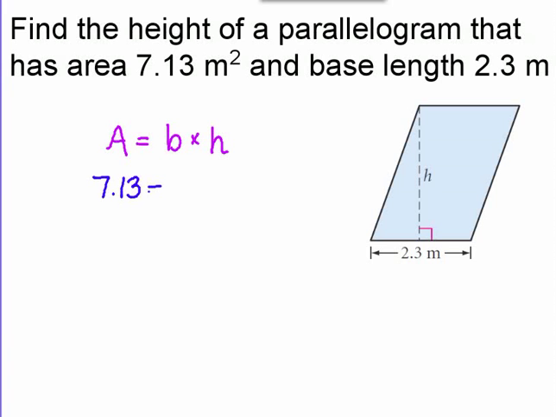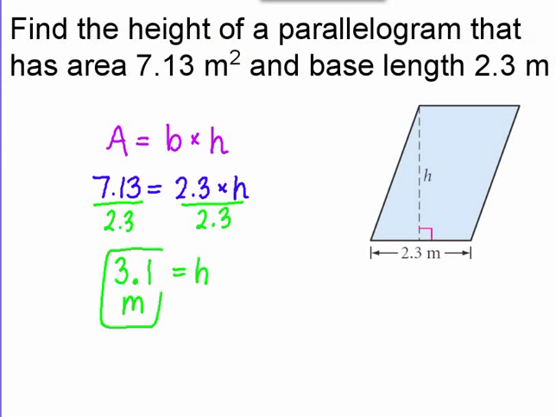I know the base is 2.3, and I'm going to take that times the height. So in order to solve that, what are you going to do? Divide by 2.3. And what do you get? 3.1. Even? I think so. Let me check my calculator. Okay, 3.1. My label will be what? Meters. Height. 3.1 meters.